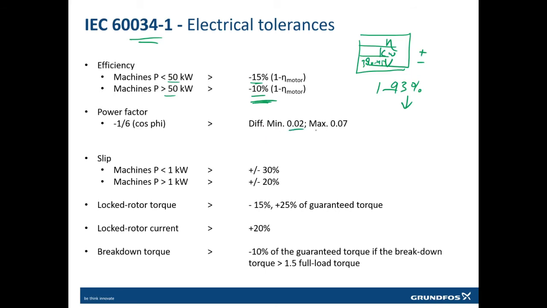Power factor will not have a difference of 0.02 power factor to 0.07 cos. Will it always be the same as what they mention on the nameplate? No, because usually motors below 50 kilowatt are tested and marked.